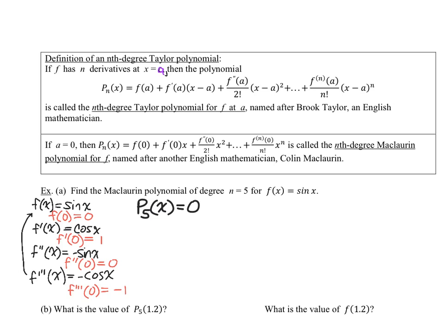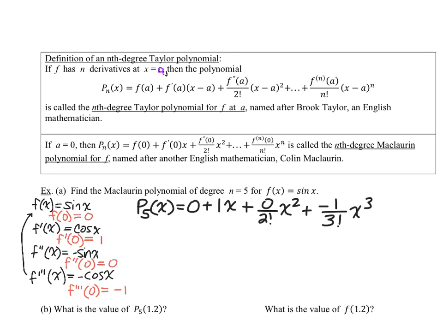The first derivative was 1, so plus 1x, plus the second derivative was 0, so that's 0 over 2 factorial x squared. The next one is negative 1, so negative 1 over 3 factorial x cubed.